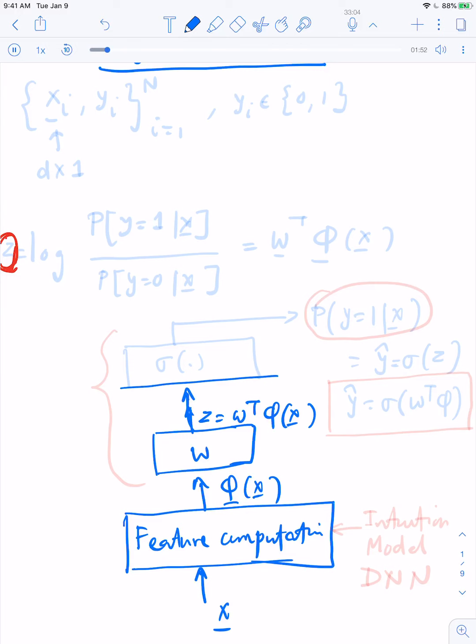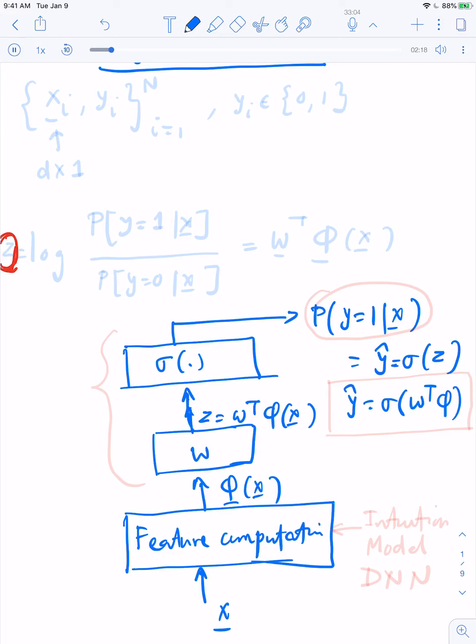We've seen before that if you give me a binary LLR, then I can apply a logistic function to give you the probability that y equals 1 given x, and I'm going to call this y hat, which is sigma of z, or y hat, which is sigma of W transpose phi, right?